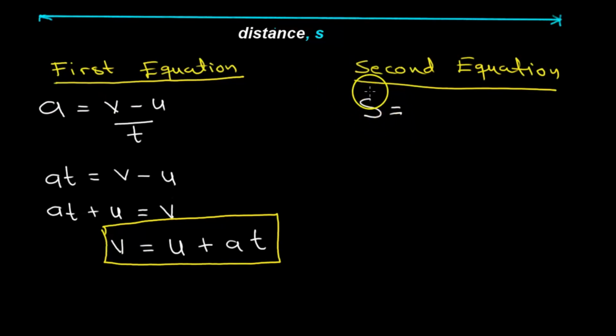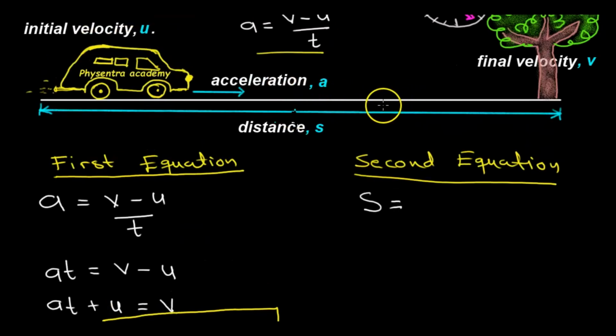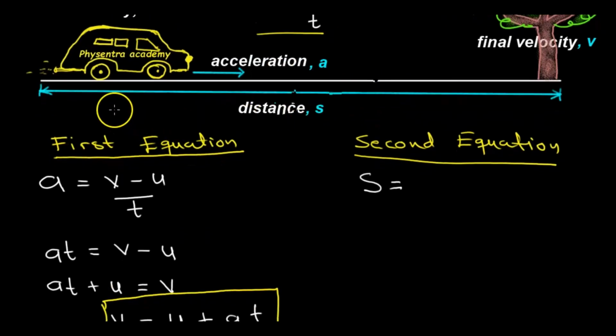And then displacement: from the formula of velocity, we know that velocity is equal to displacement over time. So if you are looking for displacement, that is going to be displacement equals velocity times time.